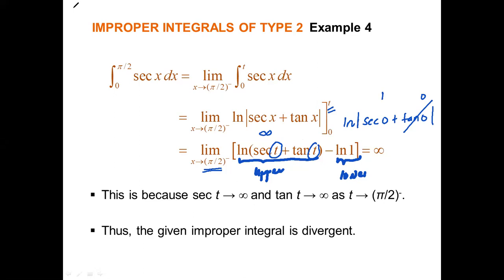Let me check. Mr. Gamau, what's the tangent of 90 degrees? Cholo Gamau, what's the tangent of 90 degrees? Bobby Maravilla, what's the tangent of 90 degrees?